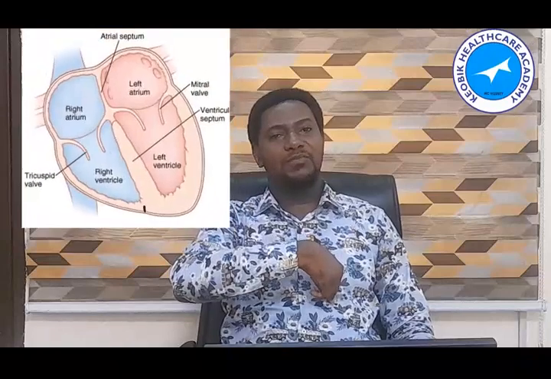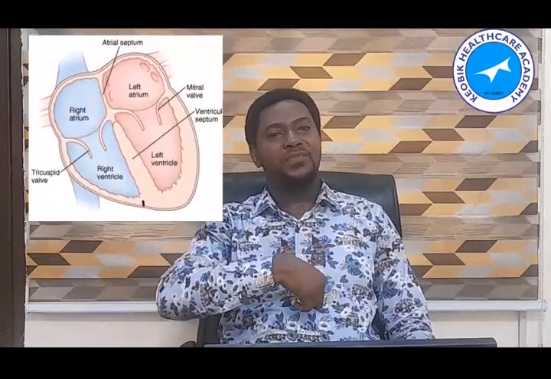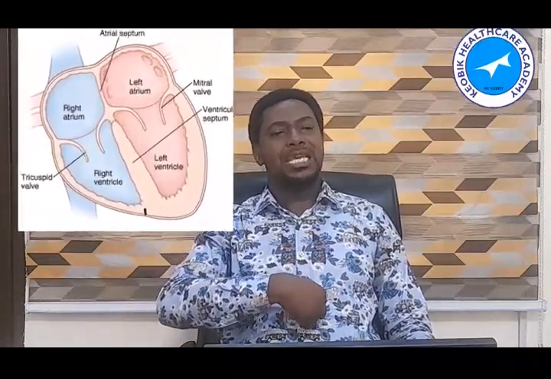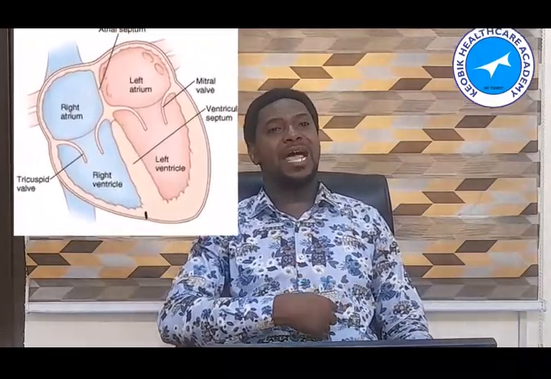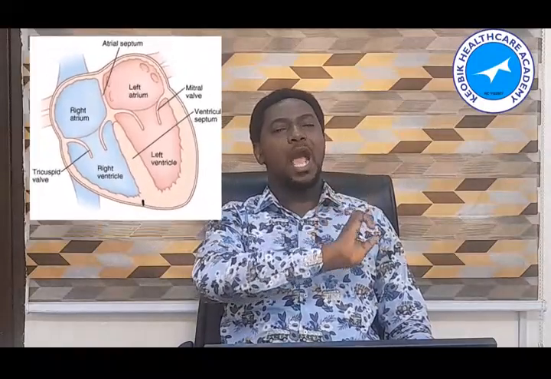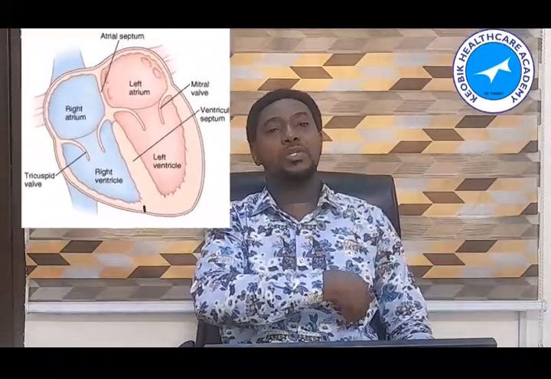Then it enters through the tricuspid valve and enters into the right ventricle. From the right ventricle, it passes through the pulmonary valve and goes to the lungs. From the lungs, it receives oxygen and goes back into the left atrium.